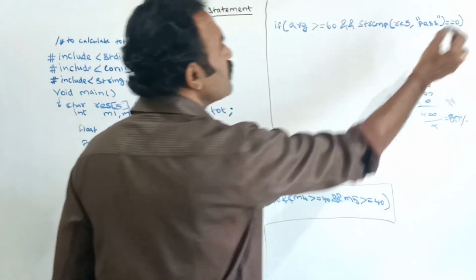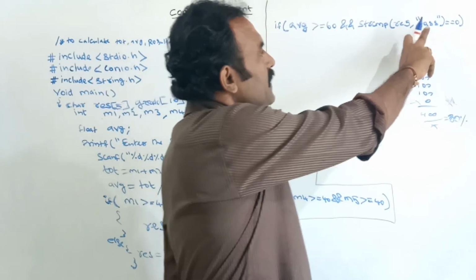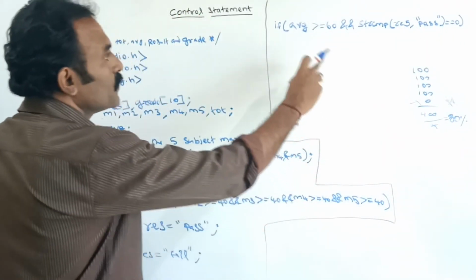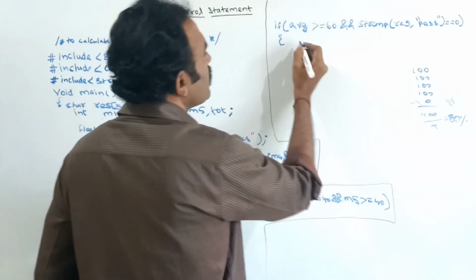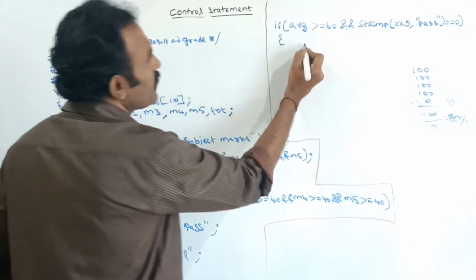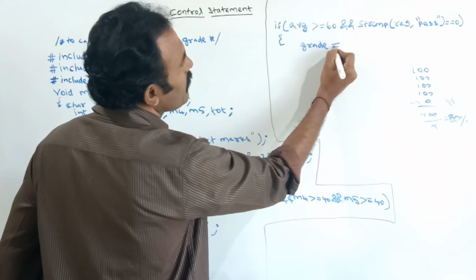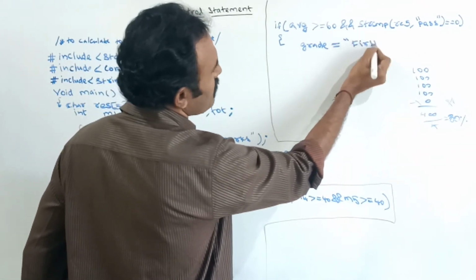If the return value is 0, we have already seen. Here if it is fail, the return value will not be 0. So here I am checking. If this condition is true, then I am going to give the grade as first grade. So in grade I am storing the string first class or first.